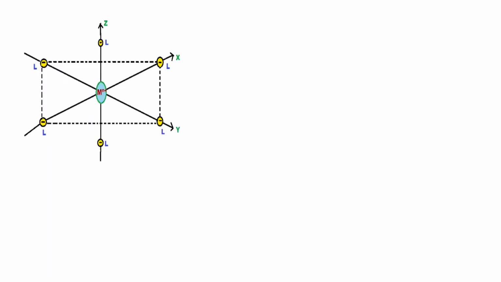In the octahedral field, the ligands are approaching the metal ion through the axis. You can see here the ligands approaching the metal ion through the x, y and z axis. That is, the ligands are placed in the corners of the octahedron. Now we are considering what happens to the axial orbitals when the ligands are approaching the metal ion.